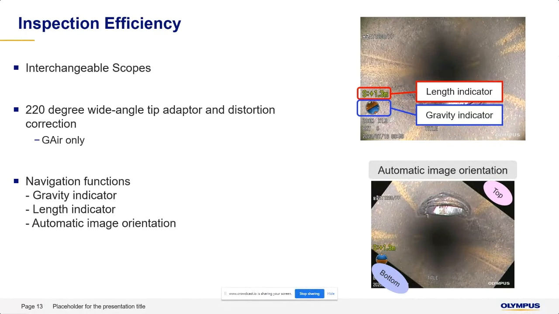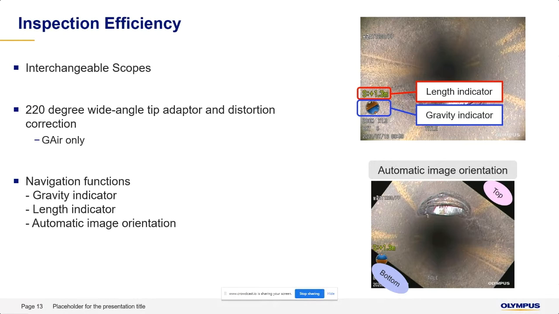Directly below it is the gravity indicator. This comes from a gravity sensor in the tip adapter. Basically, this indicator is for those of you who have any experience with flight simulator software.